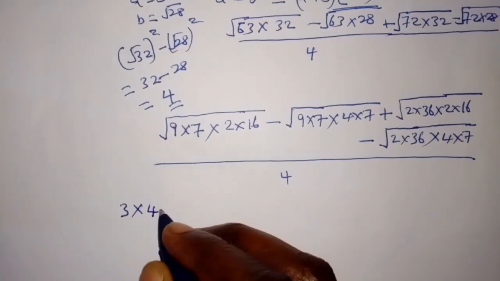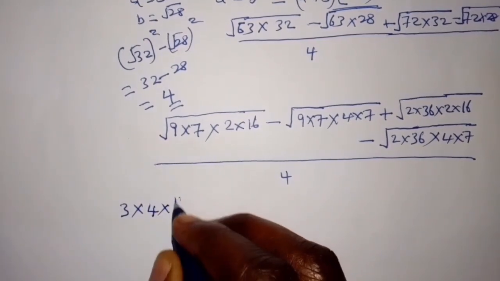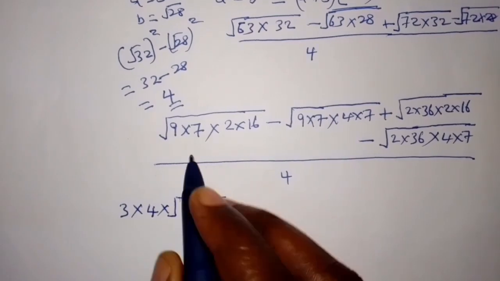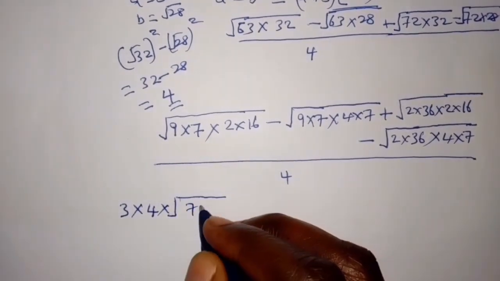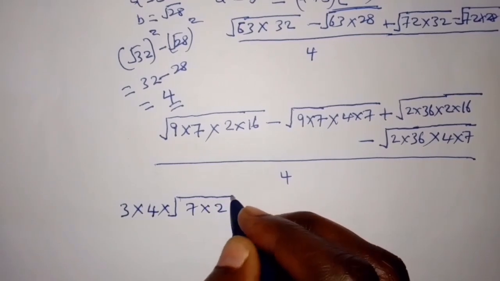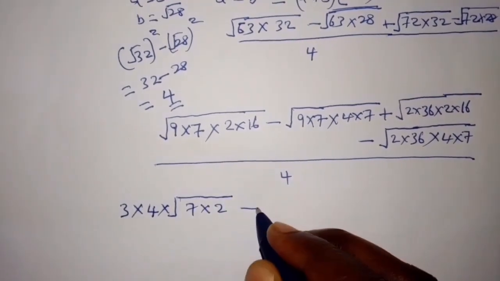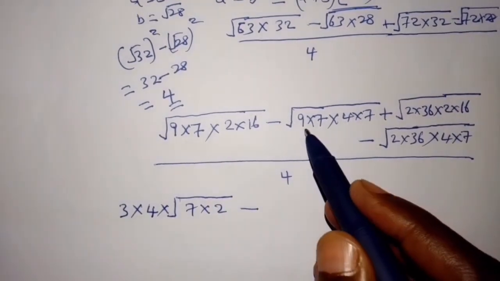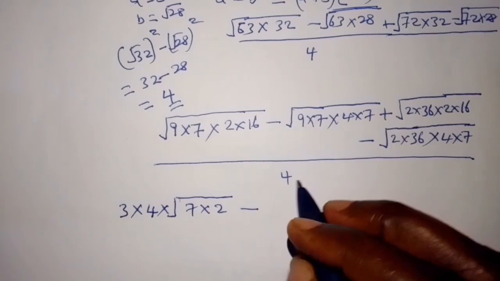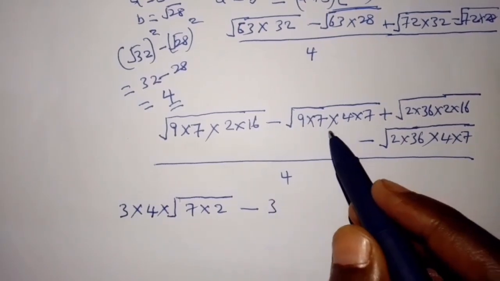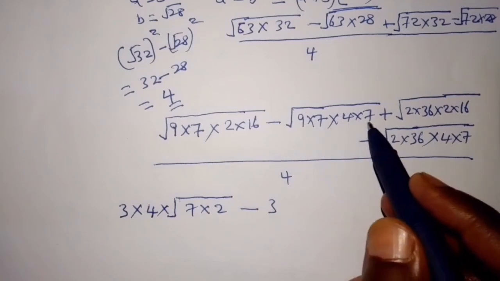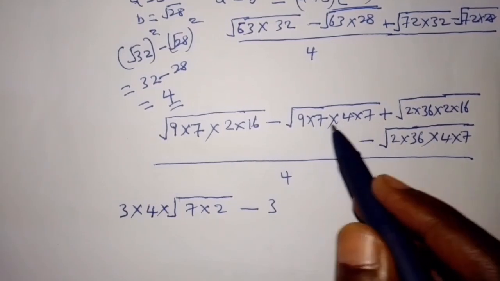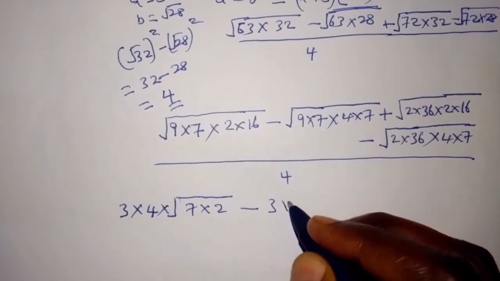Then we multiply by square root of 7 times square root of 2, minus square root of 9 is 3. Square root of 7 times 7 is 49. Square root of 49 is 7.